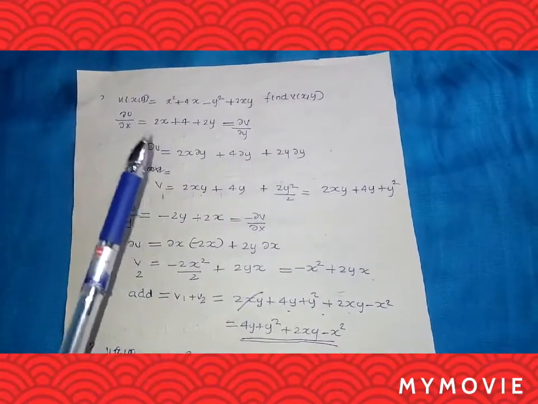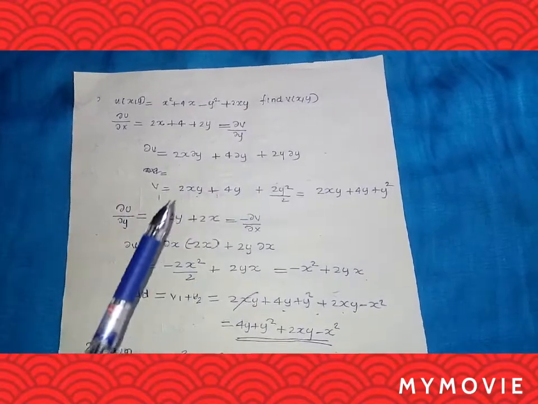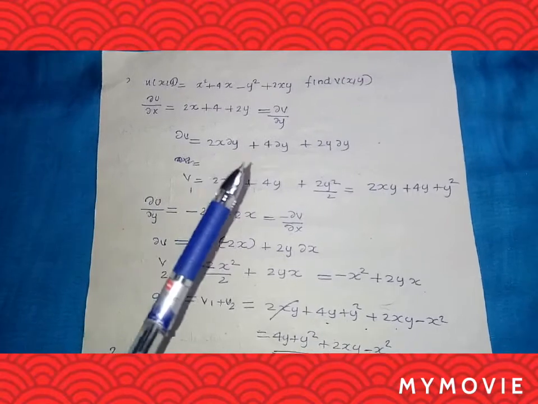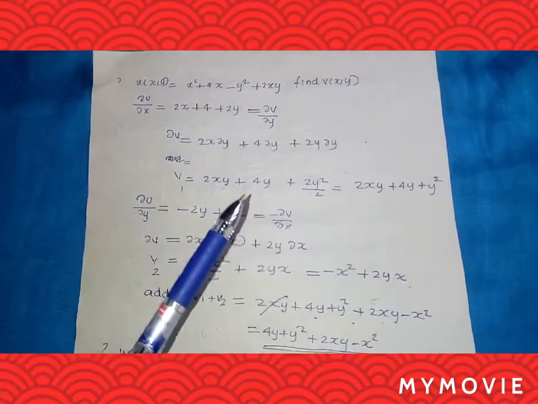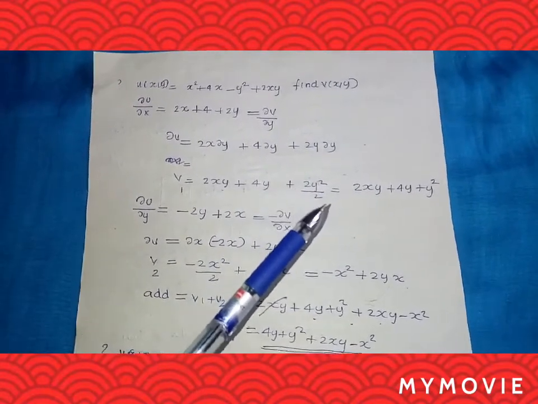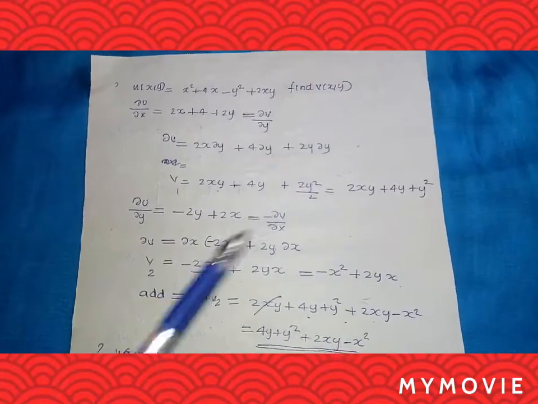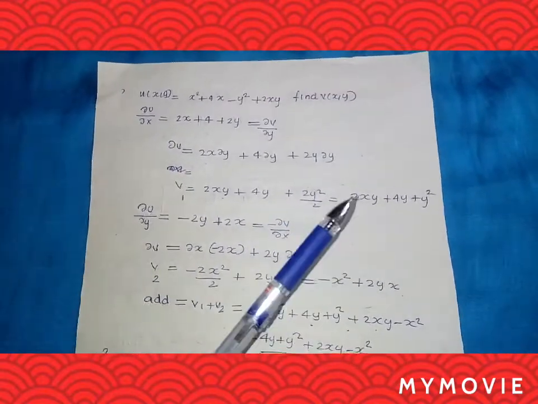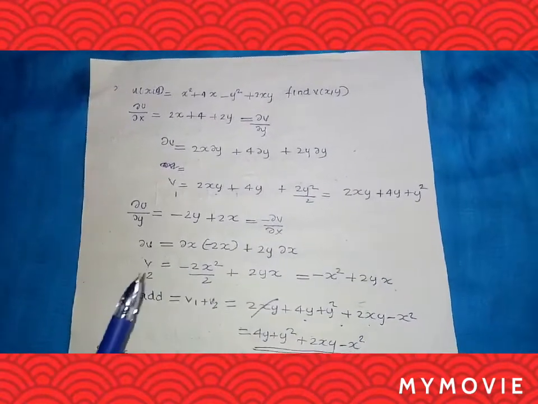From that dou v is equal to 2x dou y plus 4 dou y plus 2y dou y, and integrate it with respect to y. So v is equal to 2xy plus 4y plus 2 into y square by 2, that is 2xy plus 4y plus y square. So from this condition the imaginary part is 2xy plus 4y plus y square.